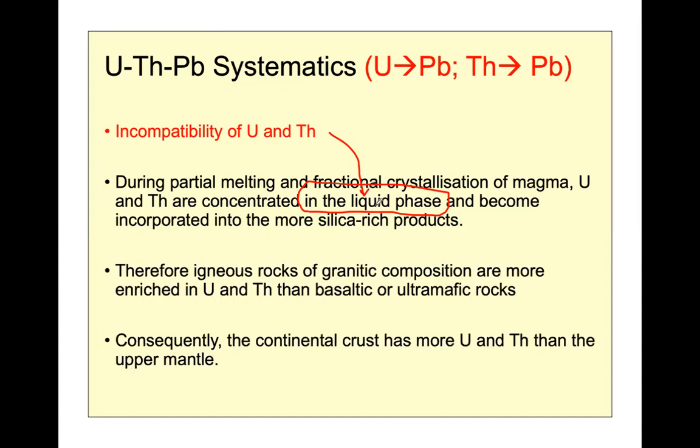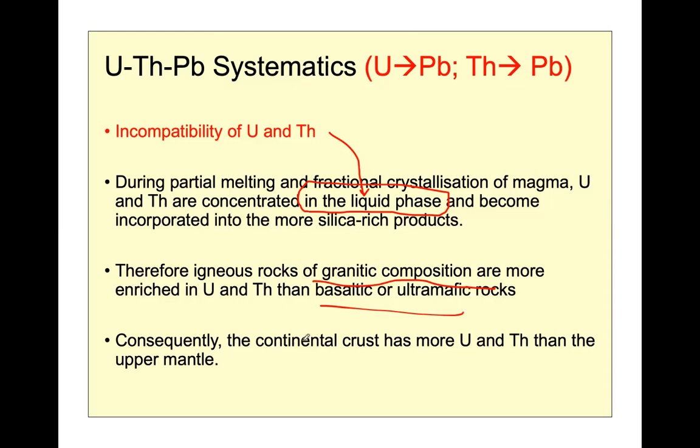So in igneous rocks, with compositions like granitic, for example, uranium and thorium are enriched compared to basalts or ultramafic rocks, because those are more mafic. Therefore, the incompatibility of uranium and thorium makes them partition much more than in the mafic rocks. So felsic rocks contain a lot of uranium and thorium.